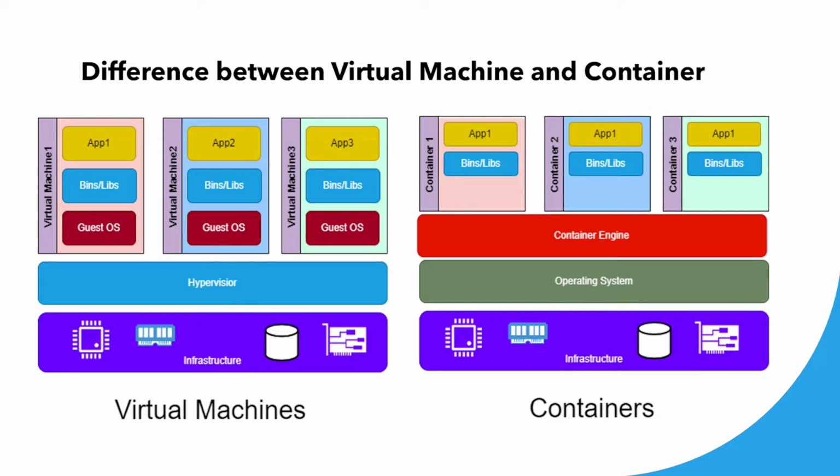Then we have a guest OS and binaries and libraries, then apps. And the same way we can have multiple virtual machines independent of each other, maybe with different OSes also. On the other side, containers also have an infrastructure such as compute, memory, storage and network.